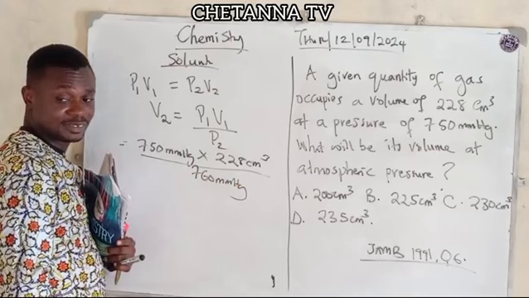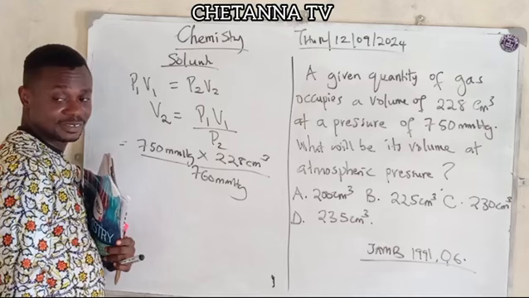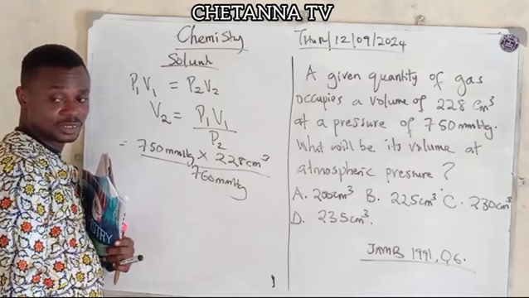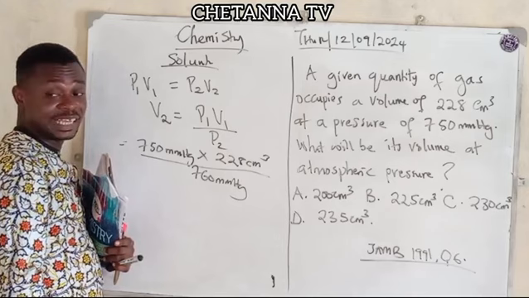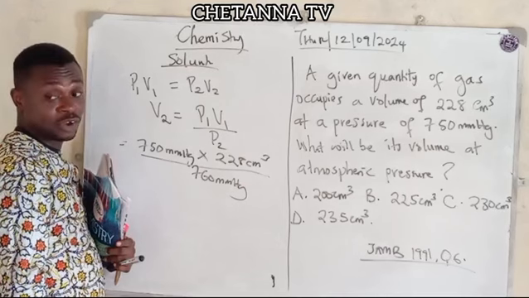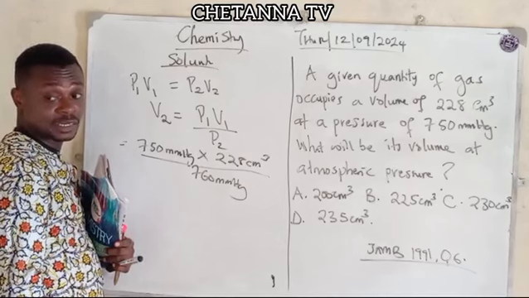What is the value of this in atmosphere? 760 is atmospheric pressure, but the value in atmosphere, you don't have to convert it.